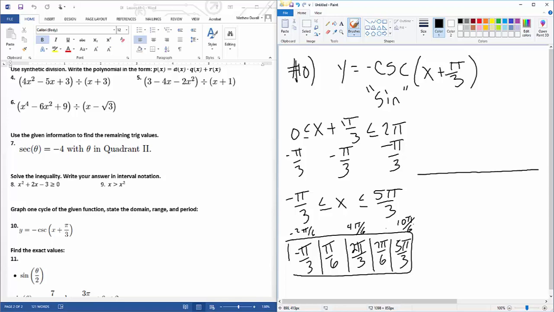So that means on a number line, for cosecant, we're pretending like it's sine, and it's negative, so it's going to go in the opposite direction.